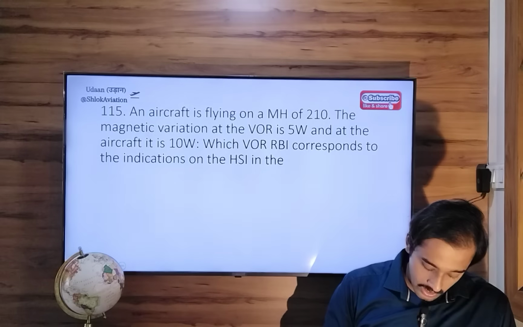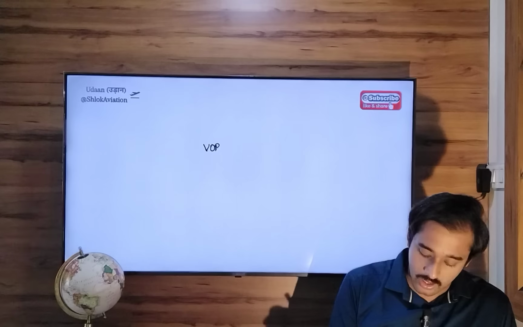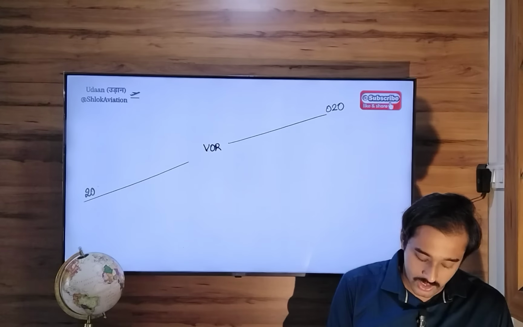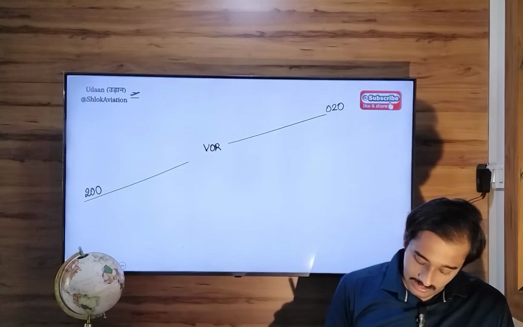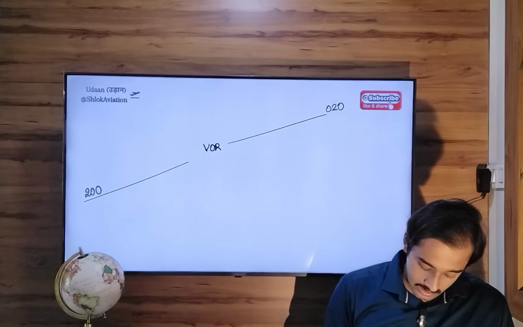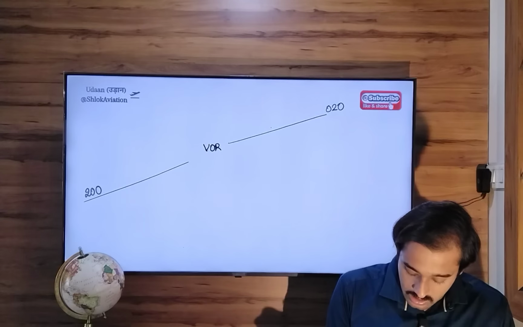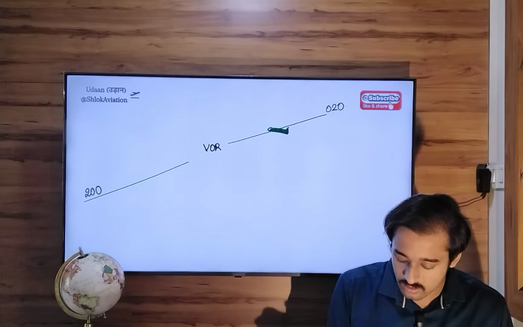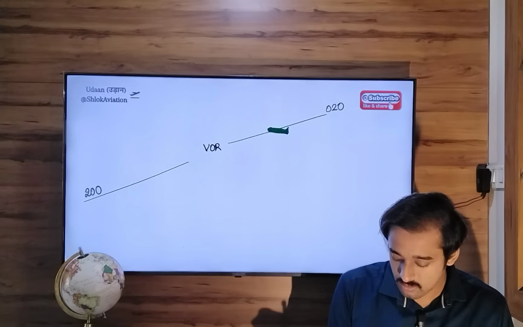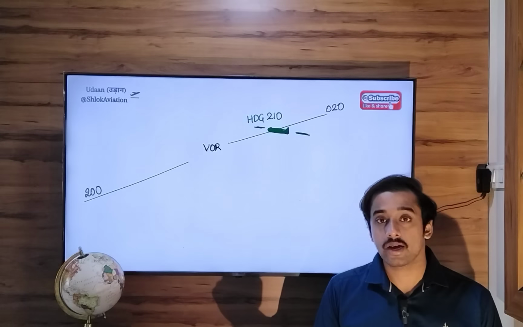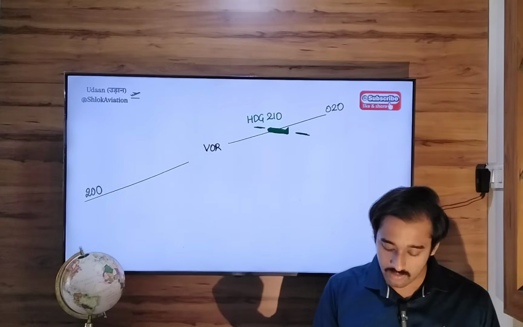So this is your VOR. You are on 020 and this is 200. Okay, and the heading of your aircraft is 210, right?